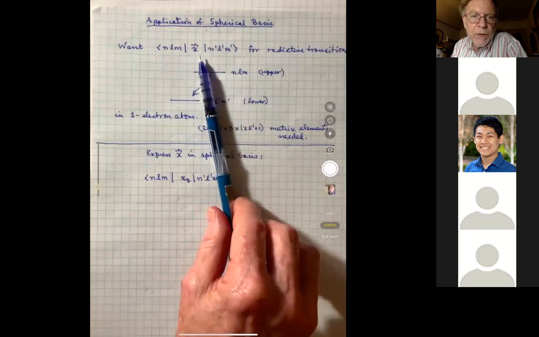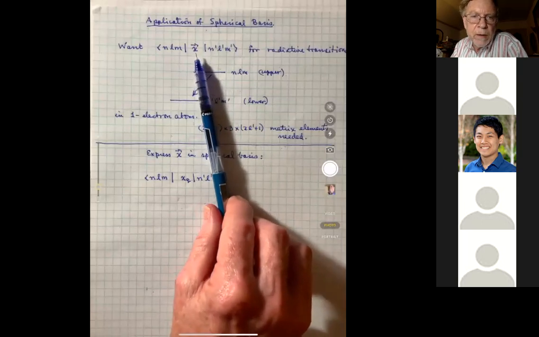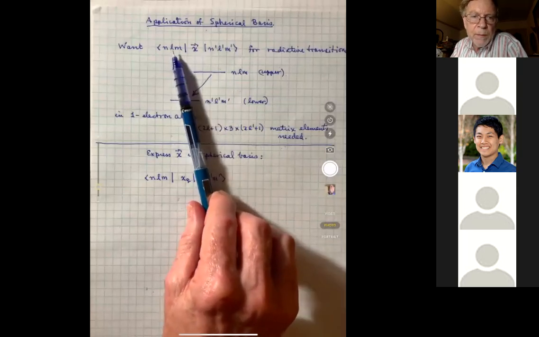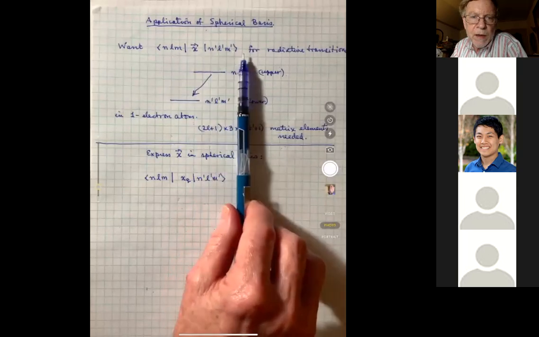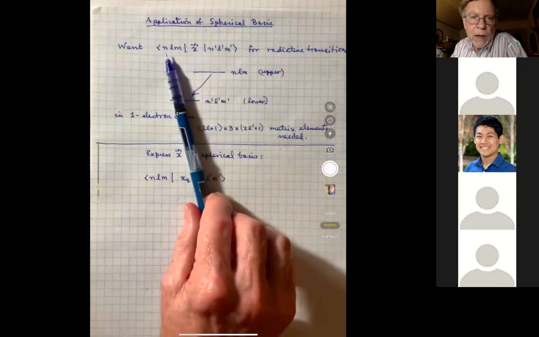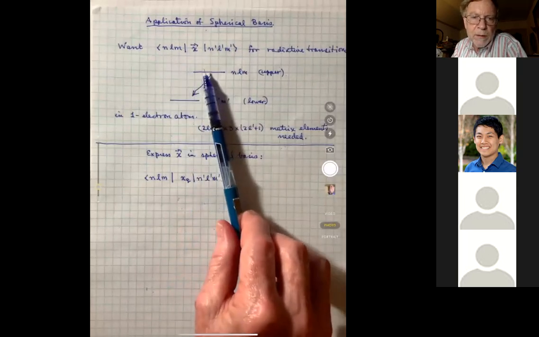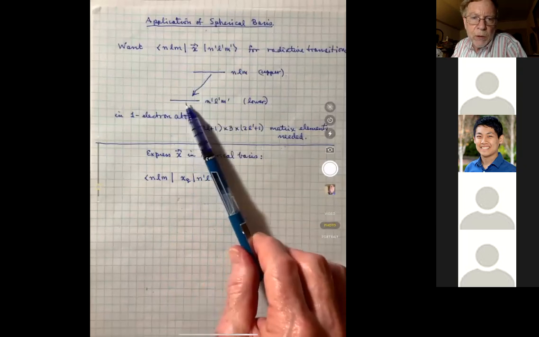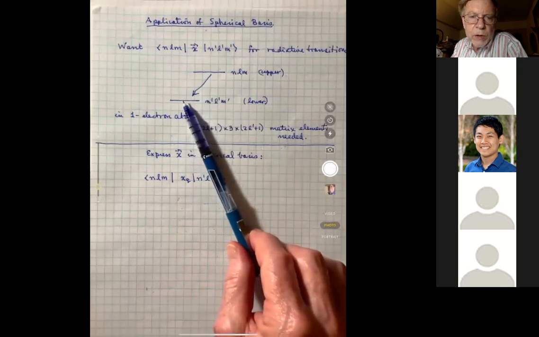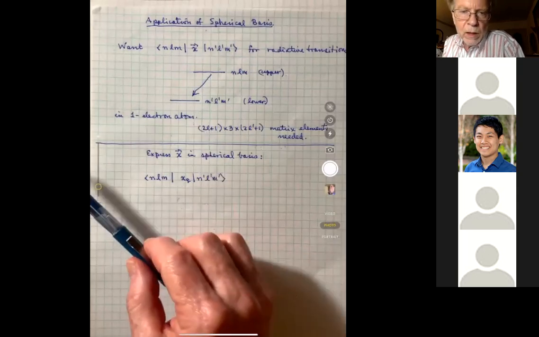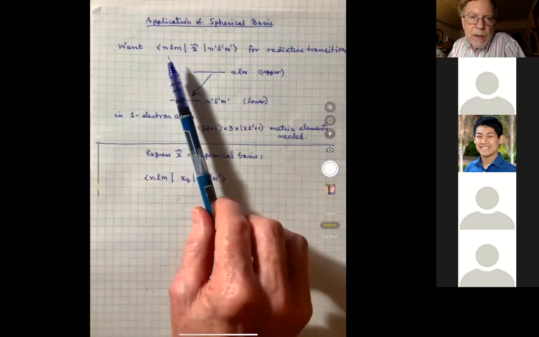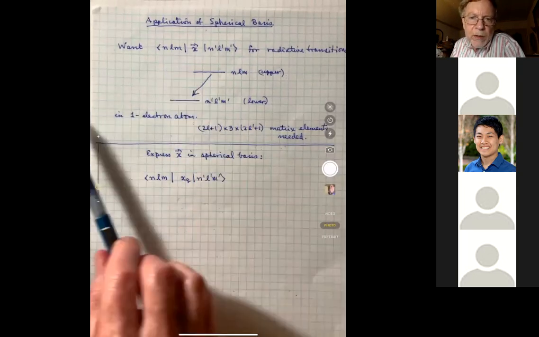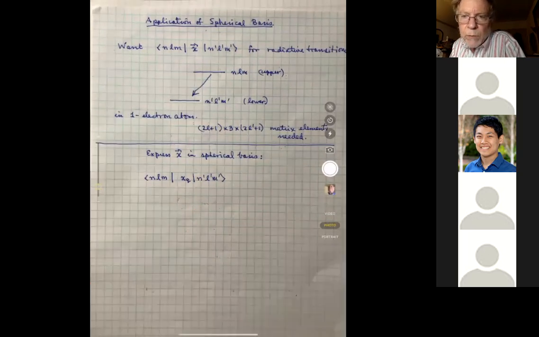There are actually quite a few matrix elements that are needed because x has 3 components, and the magnetic quantum numbers m and m prime take on various values as well. These are basically substates of the upper and lower states of the atom, which all have the same energy. As I explained last time, this gives rise to quite a large number of matrix elements that need to be evaluated if you want to know, for example, the intensity of the light emitted.